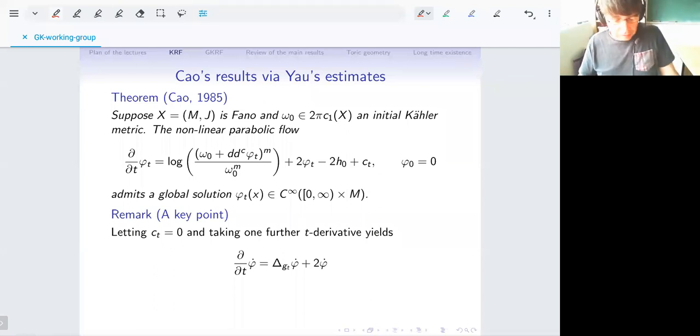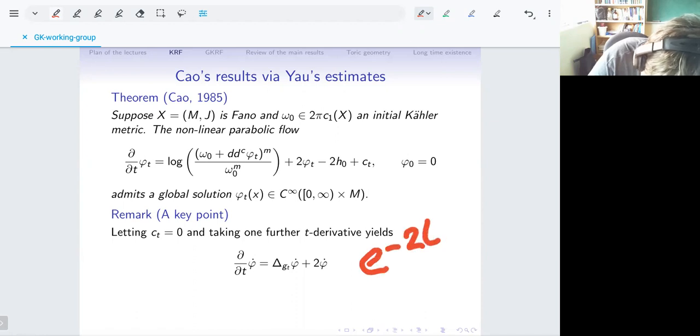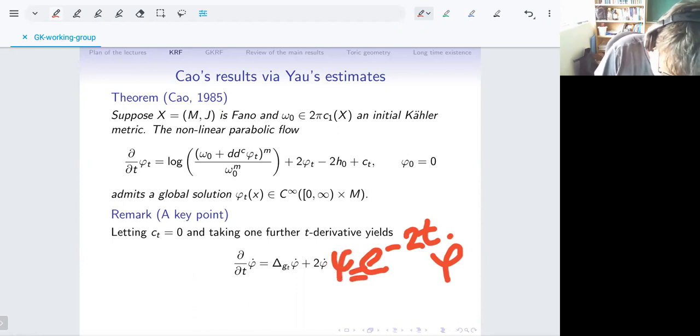So from here, what happens is that you can play with the maximum principle. If you consider the quantity exponential of minus twice t phi dot, this is psi, this will satisfy a heat equation.